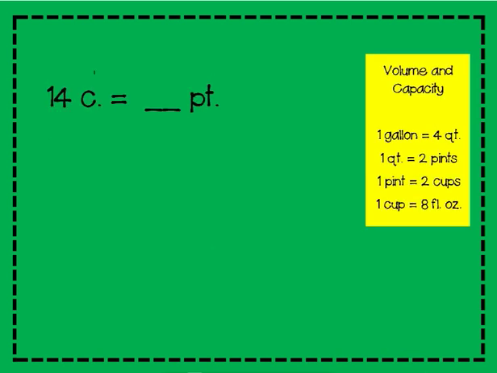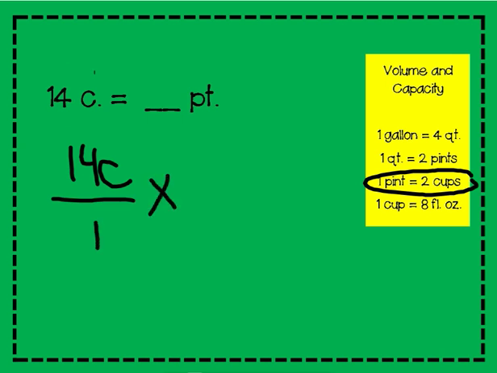We have another easy one here because this is a straight conversion. We're going from cups to pints. So here it is. Remember, we write this term, 14 cups over 1, make it into a multiplication problem. And now we need what on the bottom? We need cups.